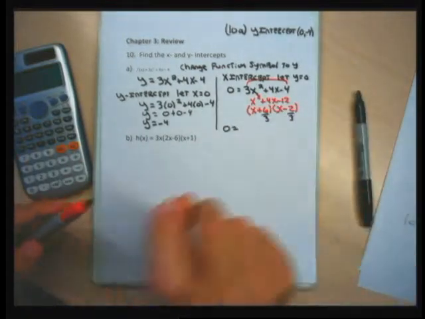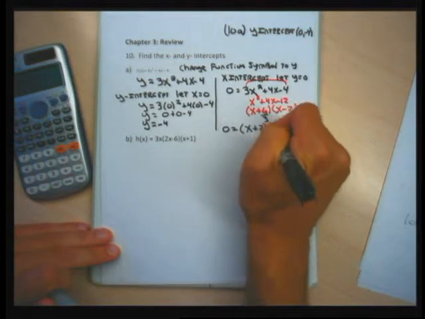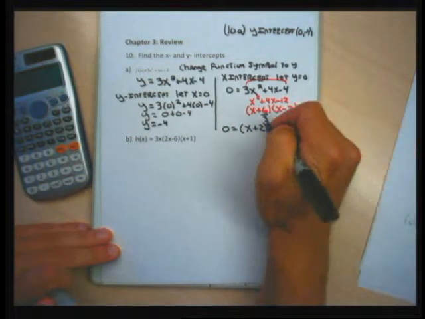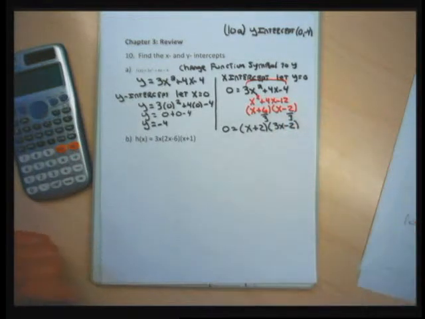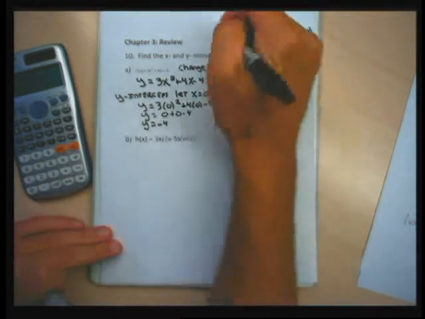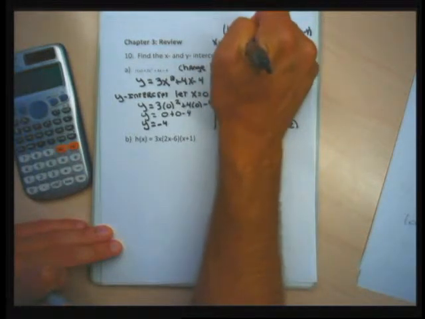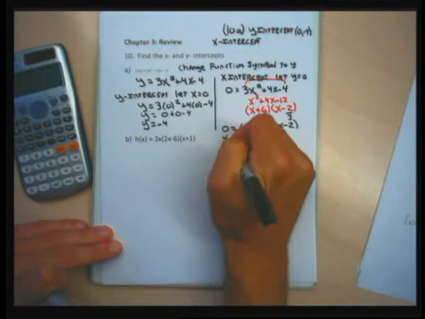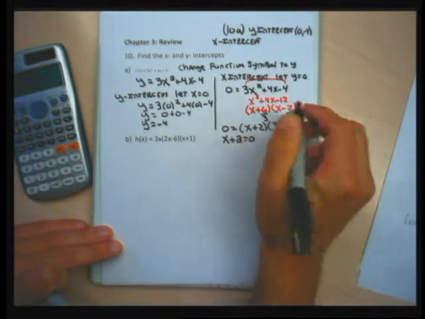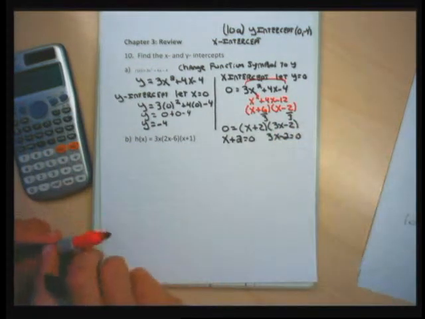First fraction, x plus 6 over 3, gives me an x plus 2. Second fraction, x minus 2 over 3, gives me a 3x minus 2. So I've done the hard part, the bottom-up factoring part, but I haven't got my x-intercepts ready to write in an answer yet. Now that I have it factored and set equal to 0, I split each of the factors up, separate them, set each one equal to 0.